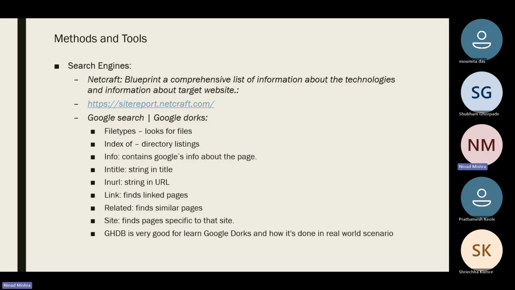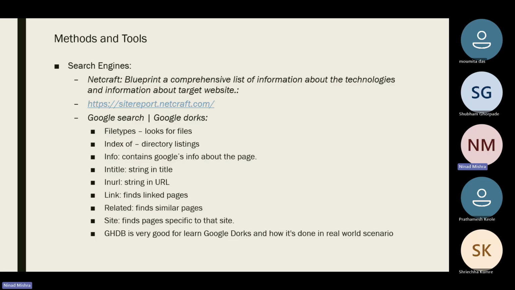And info contains Google's information about the page. If you provide info and then colon and whatever information you put, say related to Apache Log4j or something like that, it will provide you whatever information is present on Google.